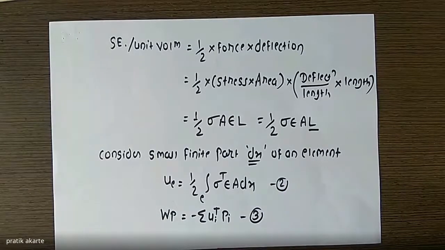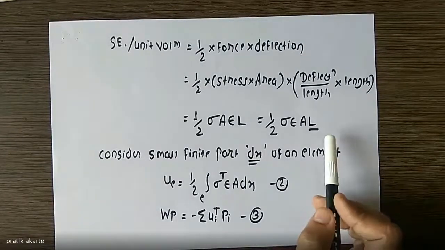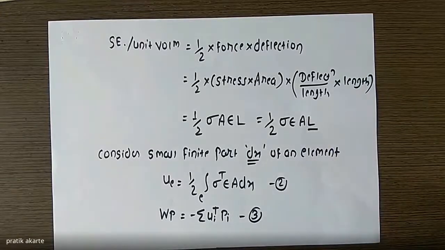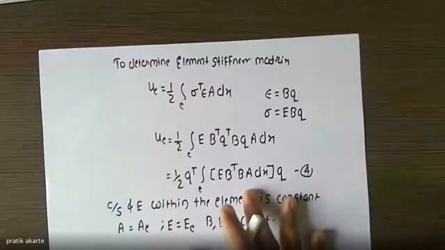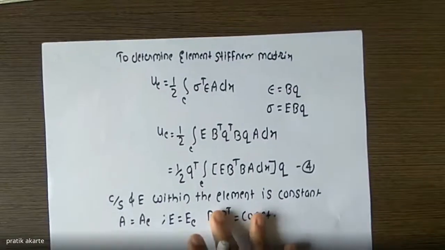Then, instead of considering the entire element length L, we considered a small finite part dx of the element and integrated it as sigma transpose epsilon A dx. This is the strain energy, and work potential we formulated as minus summation of u transpose into P. To determine the element stiffness matrix, we need both the strain energy and the work potential.